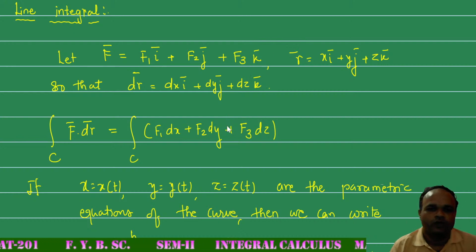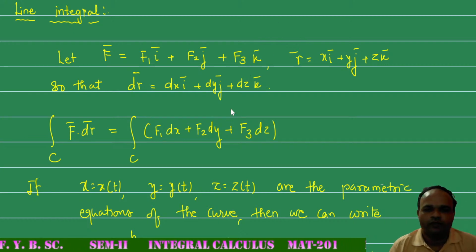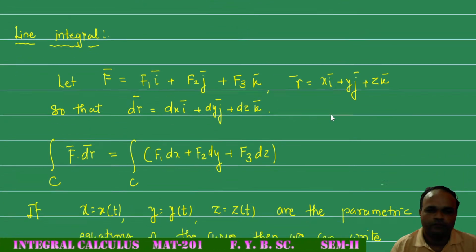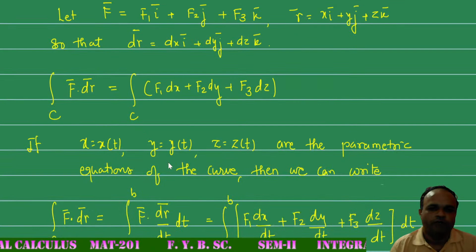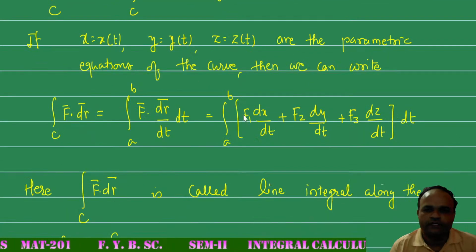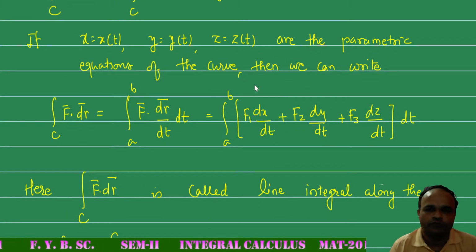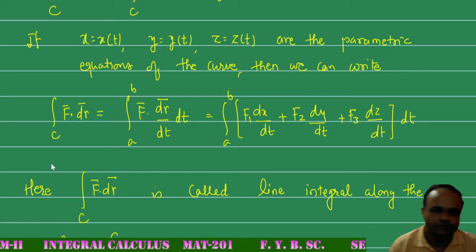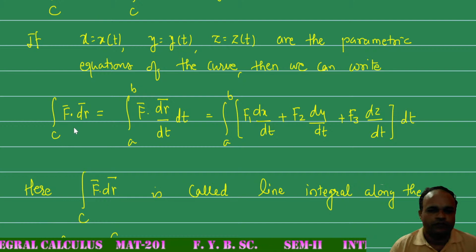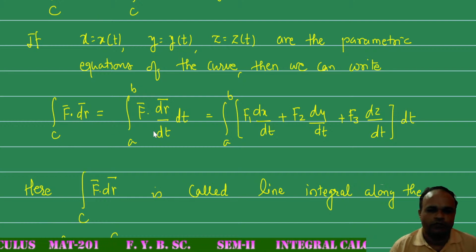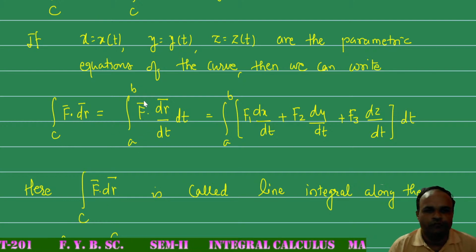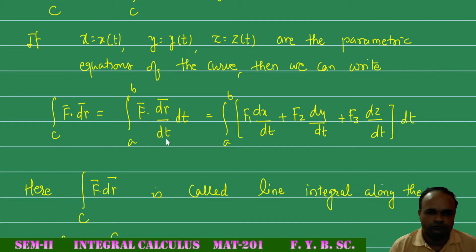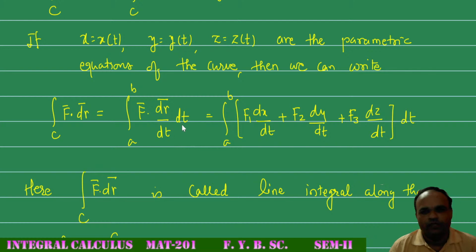If x equal to x(t), y equal to y(t), and z equal to z(t) are the parametric equations of the curve, then we can write this line integral along the curve C of f bar dot dr bar as the integration from a to b of f bar dot dr bar by dt into dt.